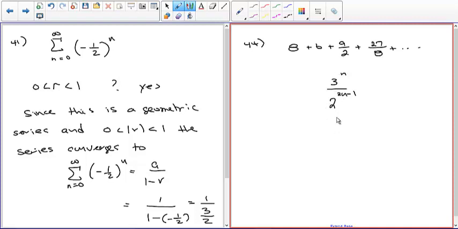Let's say this is n equals 0, 1, 2. So 2 squared would be 3. If you had 2, you'd have 2 times 2 is 4, minus 1 is 3, 2 cubed. So that would work out.